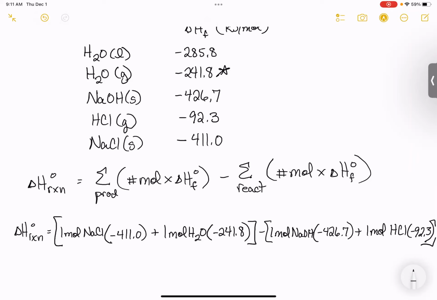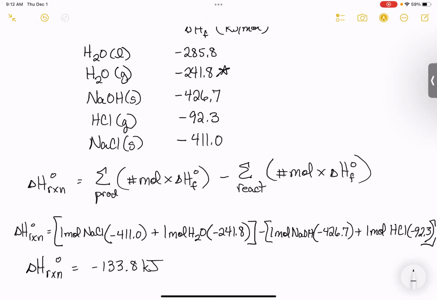When you key that into the calculator, you'll get a delta H of reaction equal to negative 133.8 kilojoules. Questions?